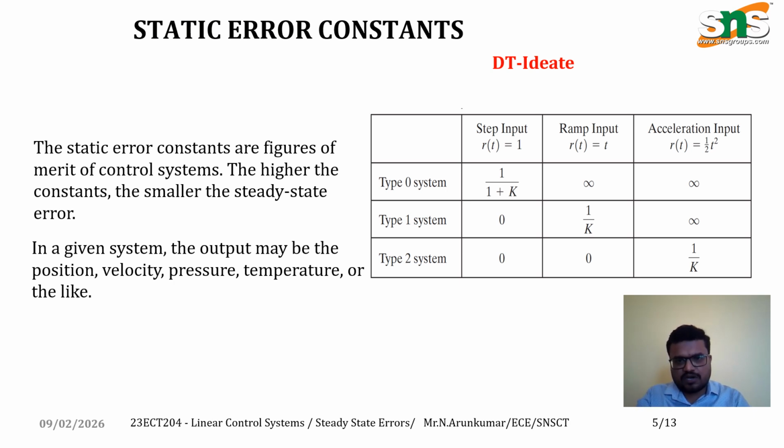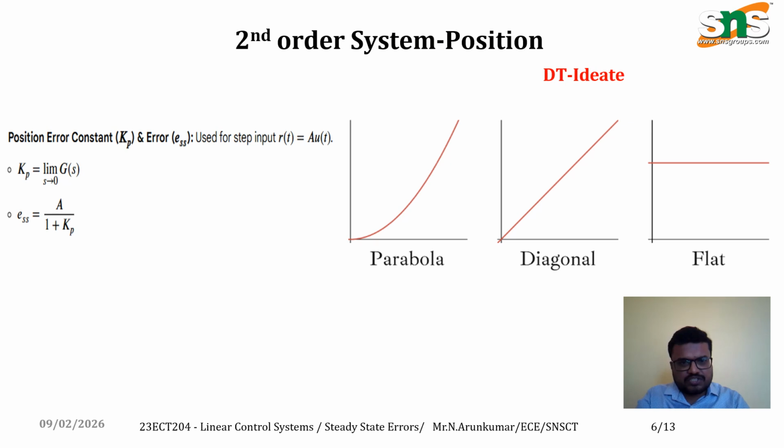So let us see how these systems are represented. Second order systems, position error constant. The position error constant doesn't have any S value because it is a type 0 system, so the value becomes limit S tends to 0 of G of S. And the static error can be calculated by 1 by 1 plus Kp.